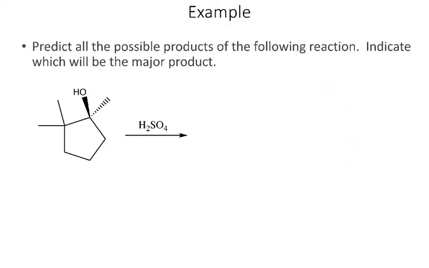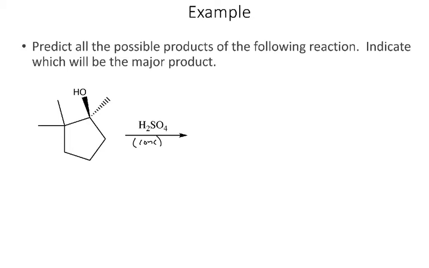All right, so let's again finish off with a couple examples, and I want to indicate which will be the major product. I probably should have put here not only H2SO4, but concentrated H2SO4. Dilute H2SO4 is actually going to prefer the addition products rather than the elimination products.